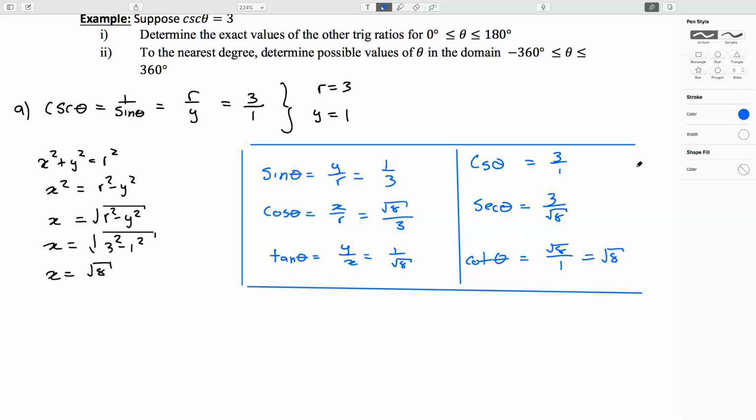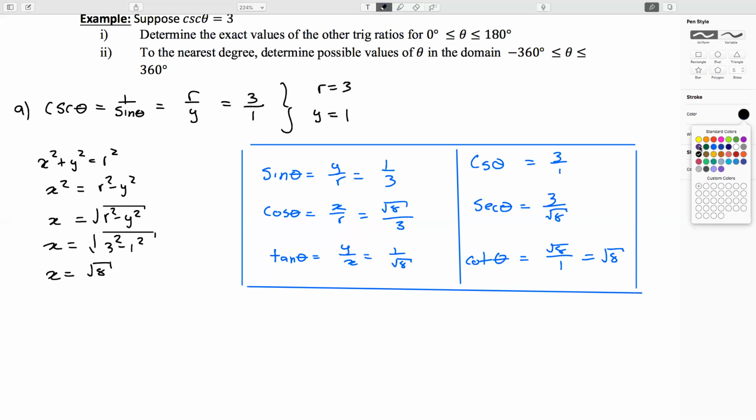All right, now question 2 is where it gets a little tricky. Question 2 says, determine the possible values of theta in the domain from minus 360 to positive 360. Okay, so what we need to do is draw the triangles first. What we know is that we've got a radius of 3 and we have a y value of 1.